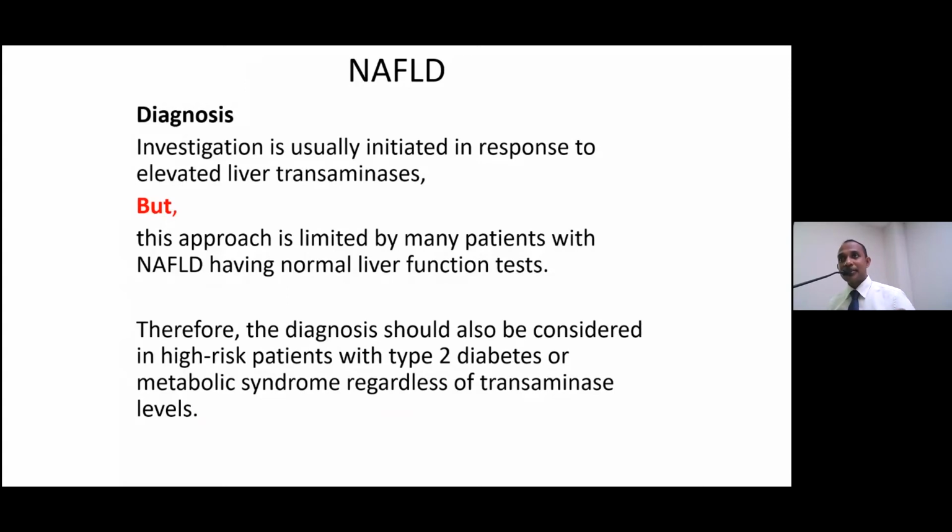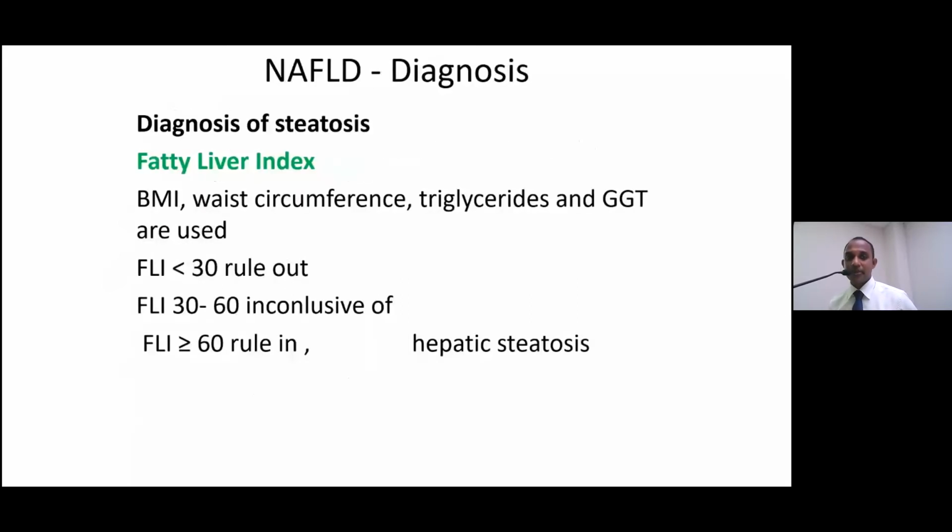So you have to remember that somebody can still have non-alcoholic fatty liver disease with normal liver function. So it's really important to have a great index of suspicion. You have to consider the possibility of non-alcoholic fatty liver disease when somebody is having type 2 diabetes or metabolic syndrome, regardless of the transaminase level. So that you have to remember.